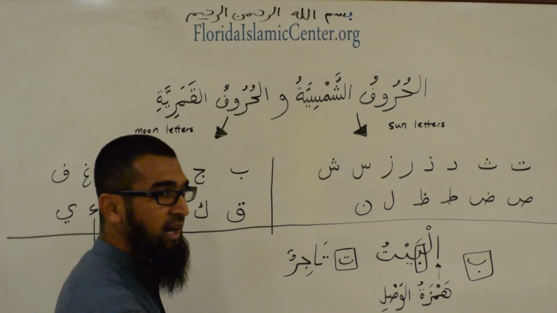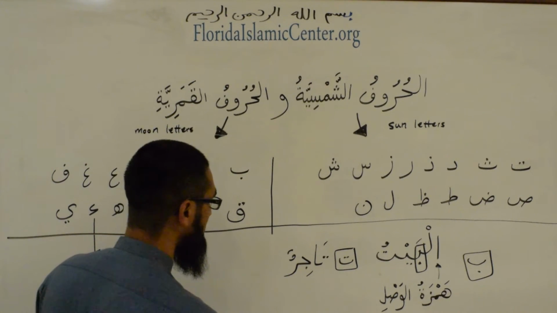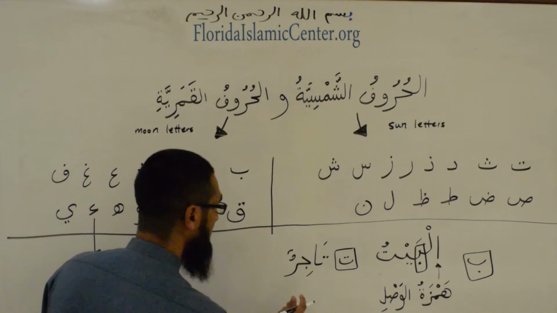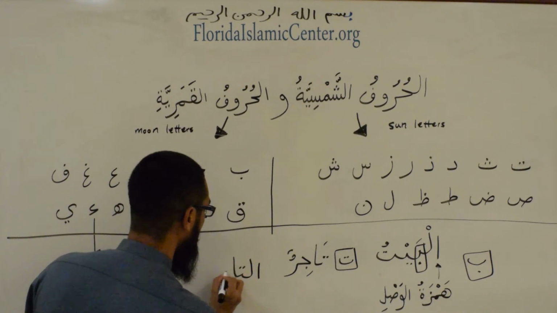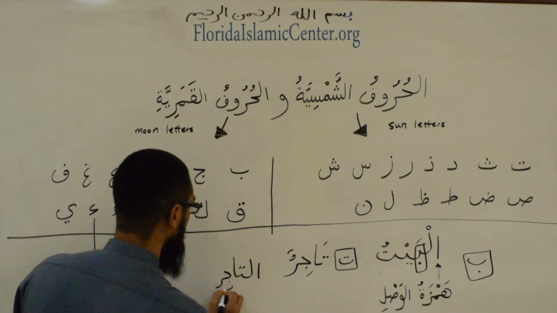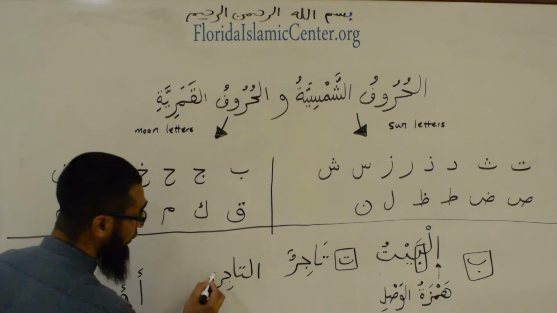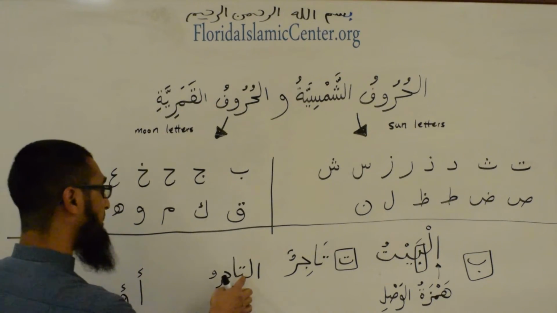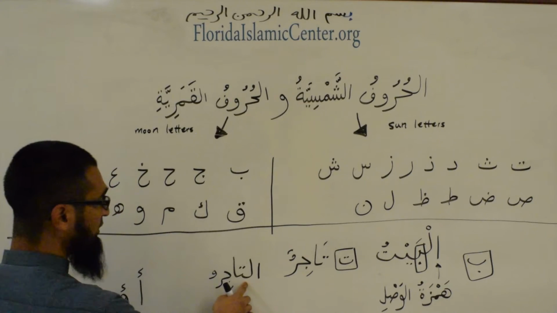If we put alif lam on the word tajir, what is it going to sound like? Do we say tajirun? No. Tajiru. Now what happens as you try to pronounce this?